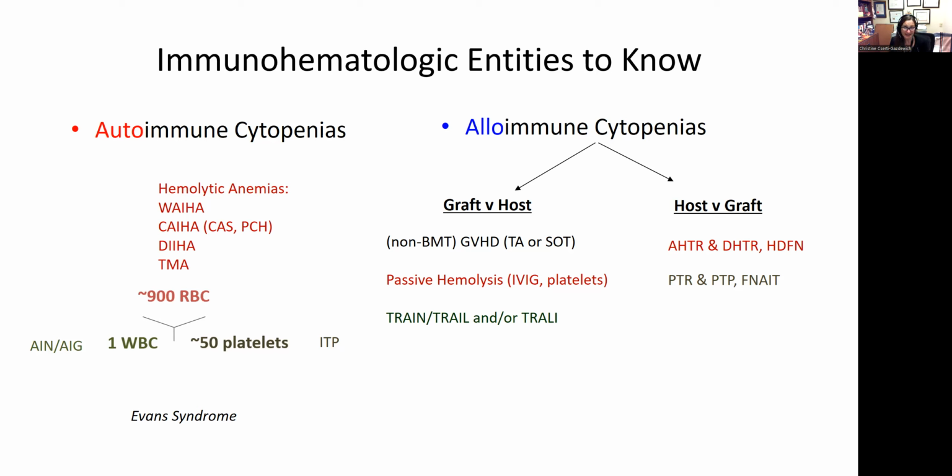Okay, on the platelet side of things, you can similarly reject a platelet transfusion. So that's platelet transfusion refractoriness. Usually the basis of immune-mediated platelet transfusion refractoriness is HLA sensitization. HLA is a system that's very provocative, very polymorphic, very easy to make antibodies to.